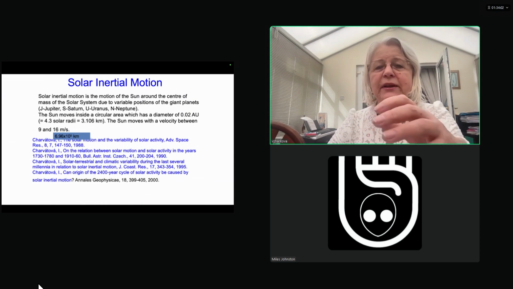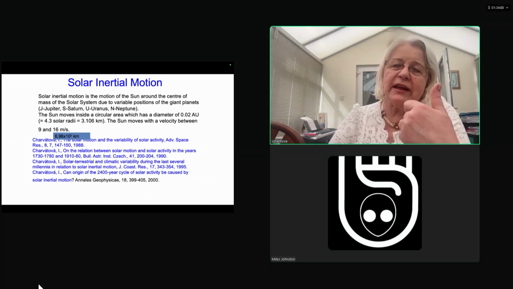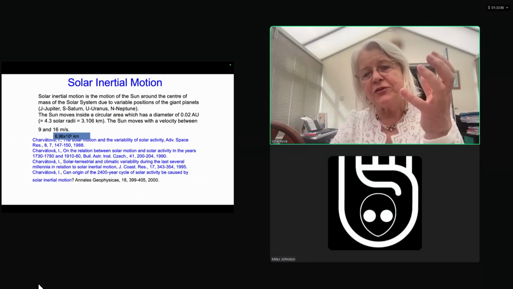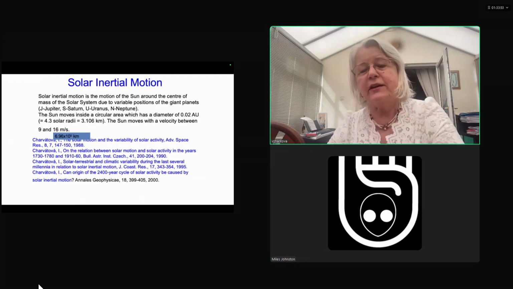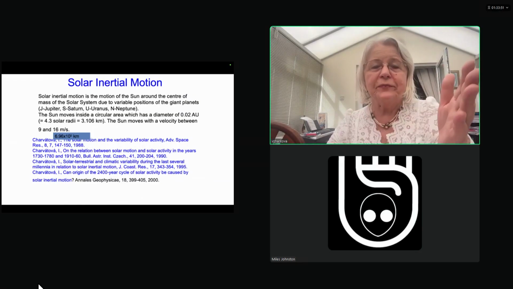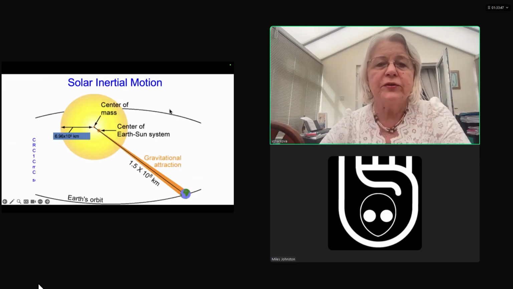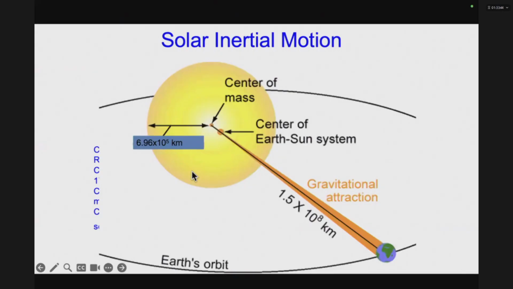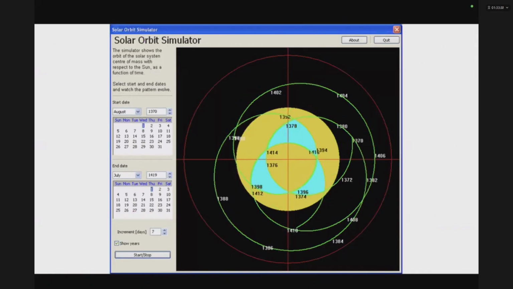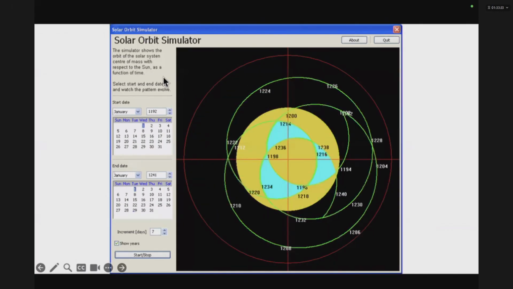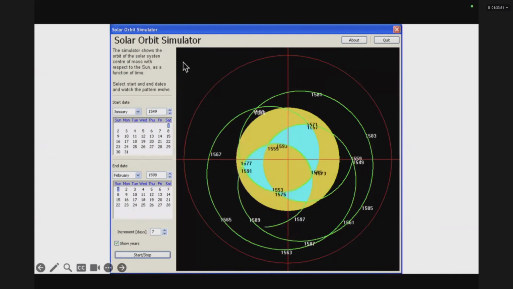These giant planets not only gravitationally attract the planets to rotate about the sun, but they actually try to pull the sun away from its focus in the barycenter of the solar system. So the sun starts rotating about this barycenter on a much smaller orbit than the planets, and this is called the solar inertial motion. And there is a special solar orbit simulator on the website.